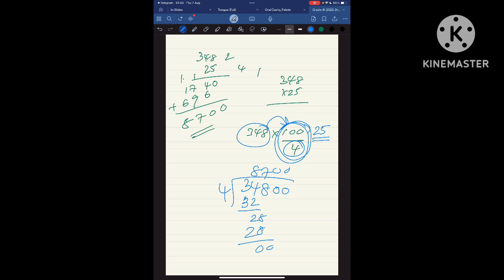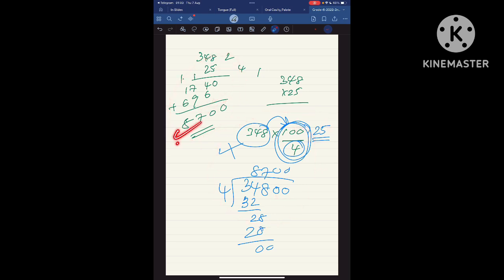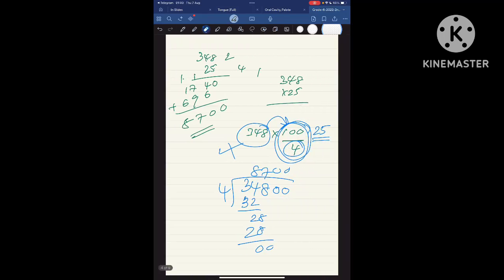If you don't understand this method, it's fine. You can use this method, okay? This method is also perfectly fine. What we want to target is the marks, not the method. I don't mind what method you are doing, but just focus on the marks. That's very much enough.